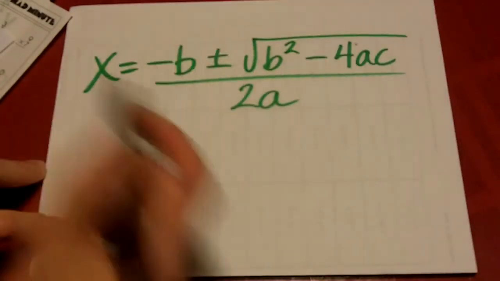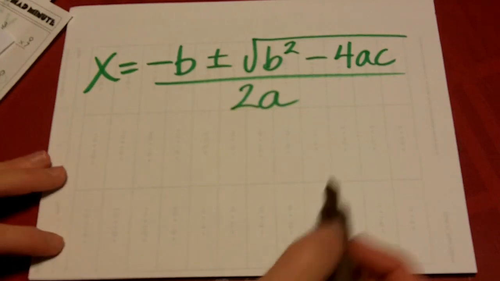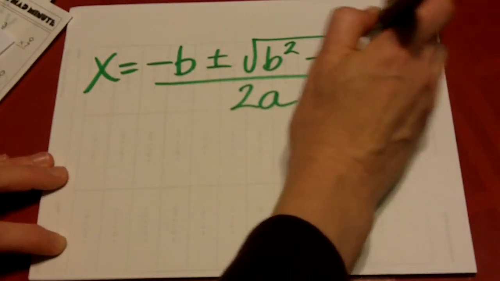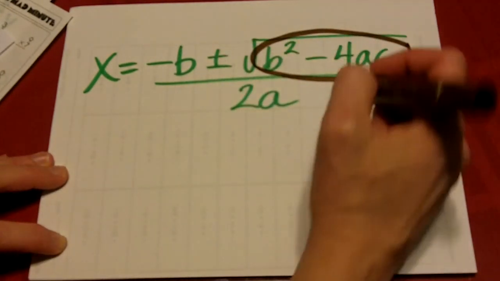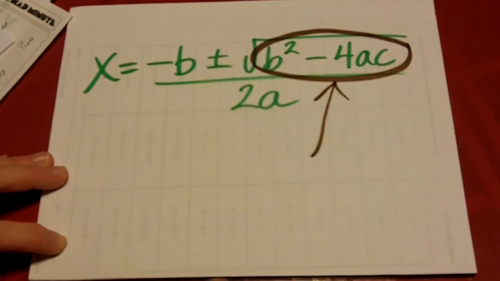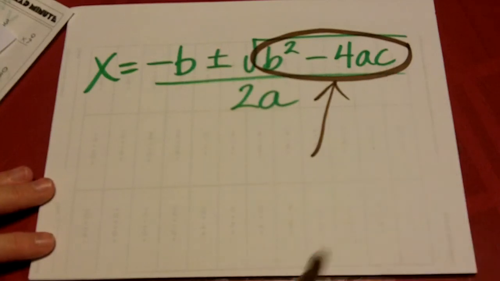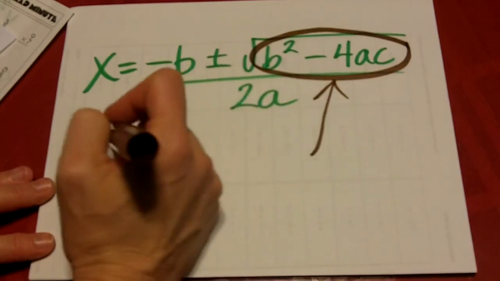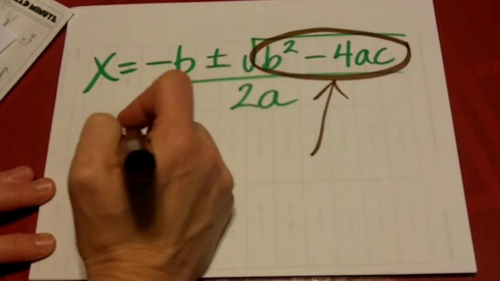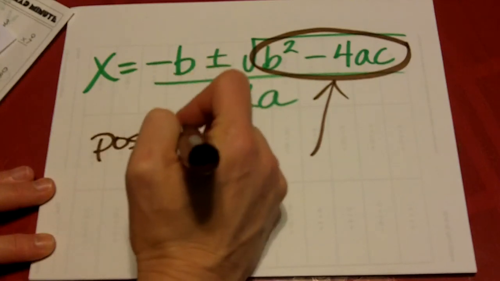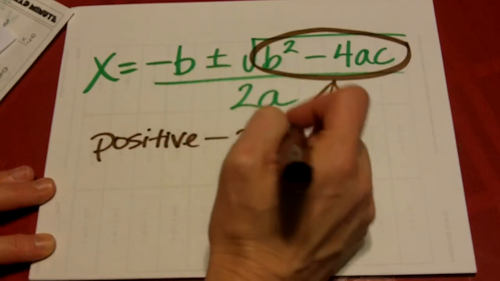So here's our quadratic formula, which you should have memorized by now. Just keep in mind that the discriminant is simply this part of it. You don't have to worry about the radical. All you're going to look at is b squared minus 4ac. Okay, if this equals a positive number, then you have two solutions.